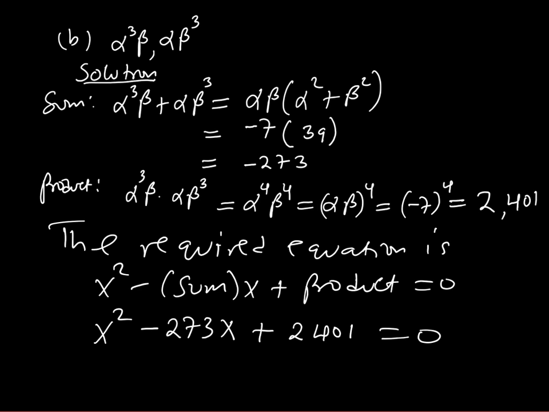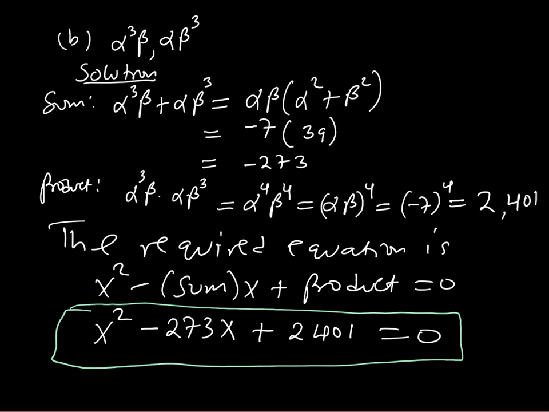And that's the quadratic equation whose sum is minus 273. And then the product is, actually the sum is a minus, okay? Because the sum is minus 273, then it's going to be x squared plus 273 x plus 2401 equals to 0.